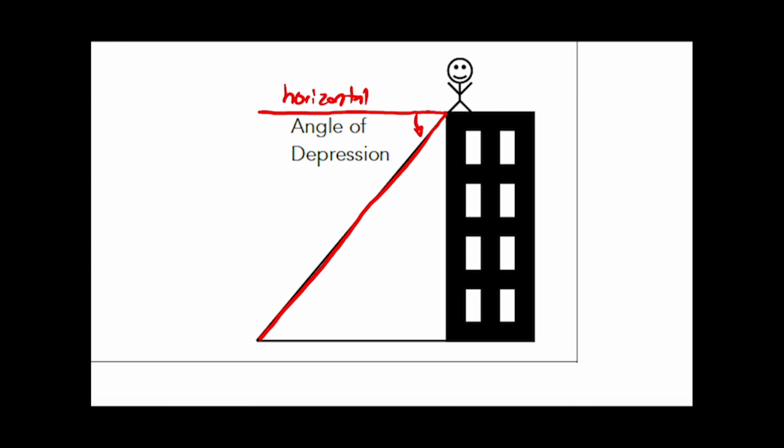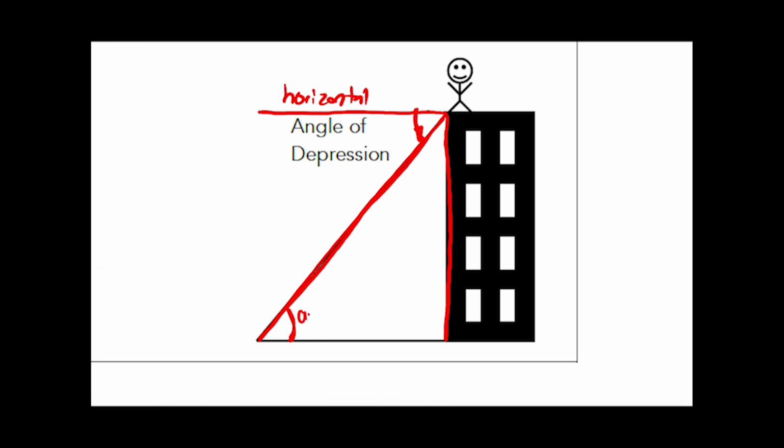But I want to create a triangle with this building, right? And if you remember your geometry, this angle and this angle are congruent because the horizontal and the ground are parallel to each other. If we have parallel lines and a line cuts through them, those are alternate interior angles.